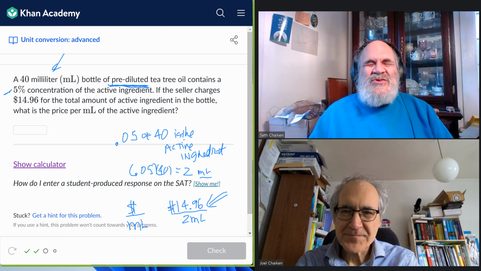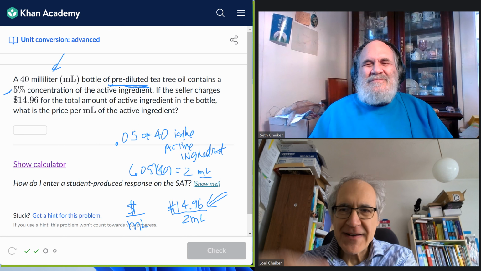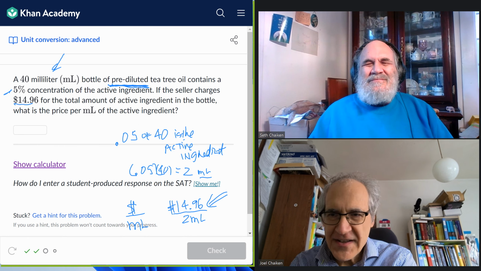However, if the seller is charging $14.96 for the bottle with the diluted tea oil, then he's charging that money for the bottle itself, plus the active ingredient, plus the dilutant. That's why they have to say $14.96 for the total amount of the active ingredient. That's why they have to make that clear.